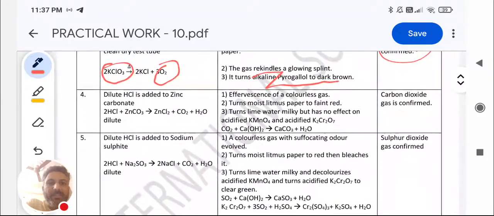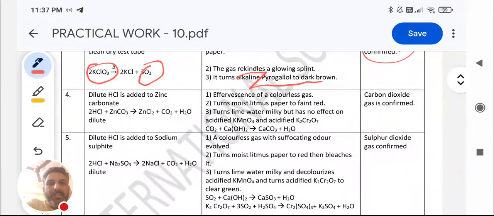And the next one is carbon dioxide gas. When you add a dilute acid to any metal carbonate, it will produce carbon dioxide gas. And when carbon dioxide gas is produced, we see brisk effervescence as the observation. And this brisk effervescence is nothing but carbon dioxide, and this carbon dioxide turns lime water milky, but it has no effect on potassium permanganate and potassium dichromate.